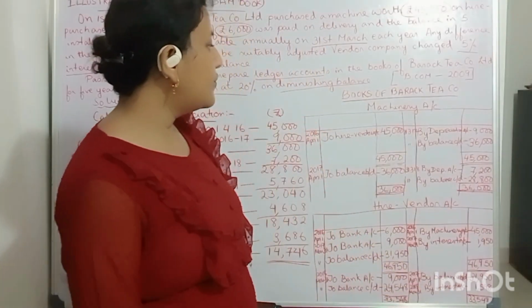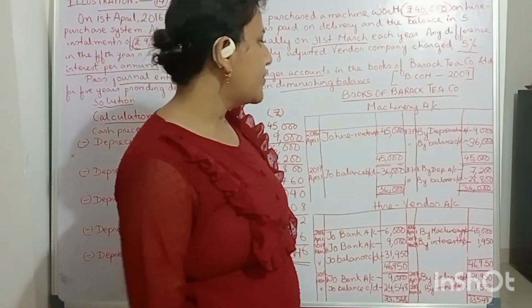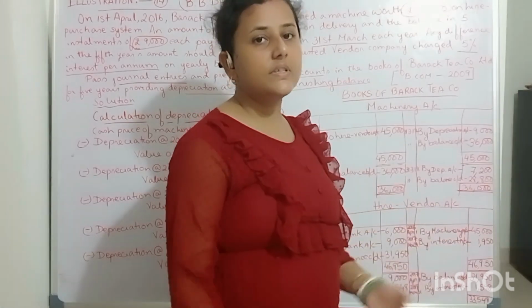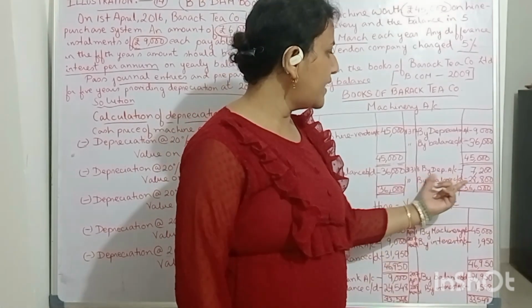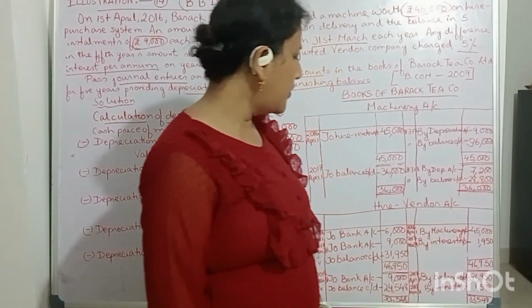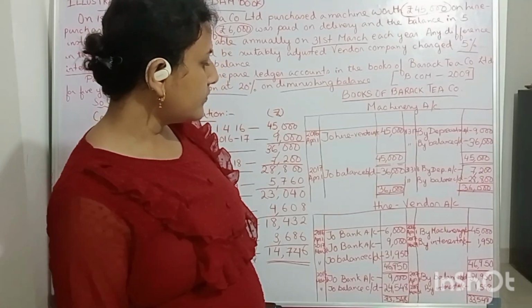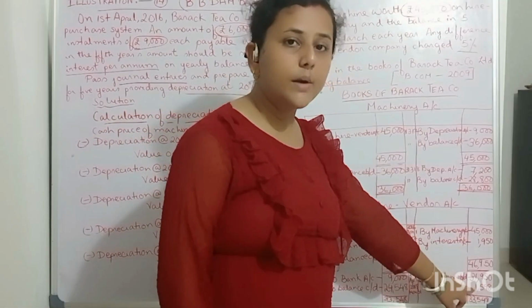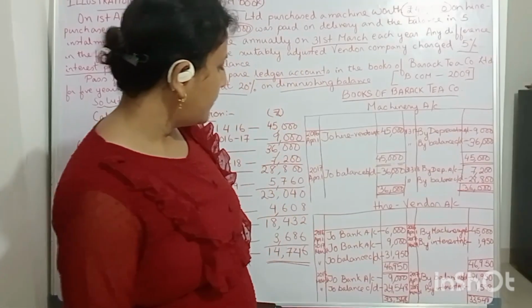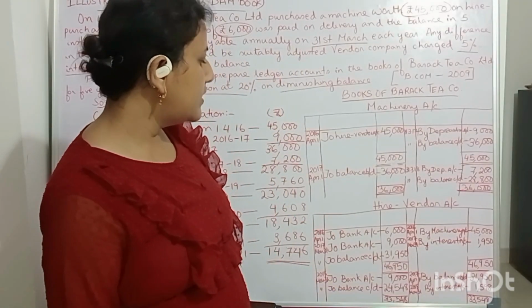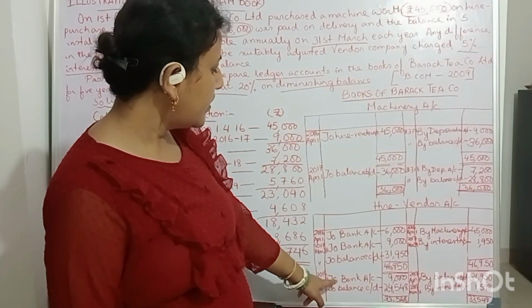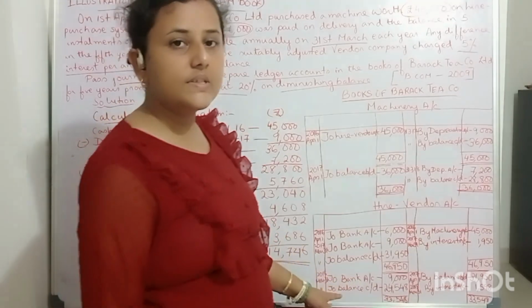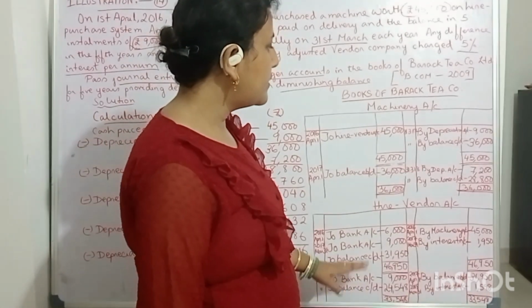Then you have to pass entries for depreciation for the second year, so by depreciation account, this will be the amount, and then interest account, this will be the amount for the second year. Then again you take out the CDs and BDs, and you have to pay the installment for the second year.